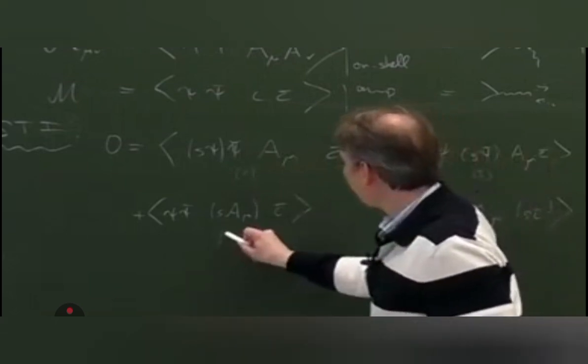Okay, so let's call them again 1, 2, 3 and 4. And then you now have the experience you expect in the amputated on-shell limit. The first two should go to what?